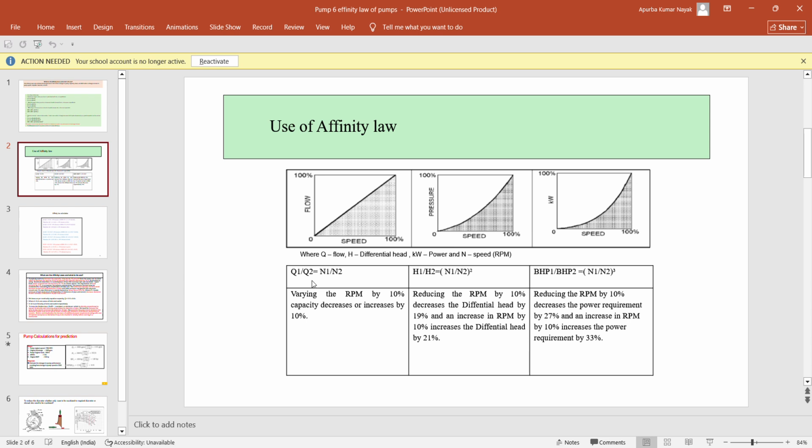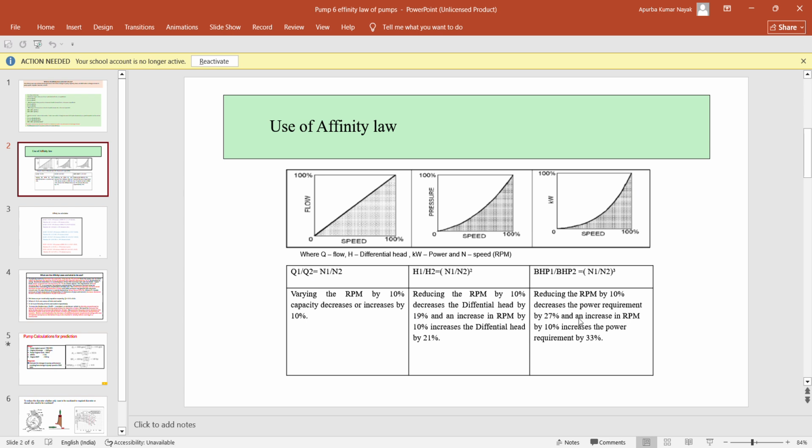So if you change the RPM by 10%, your flow will increase or decrease by 10%. But when you decrease the RPM by 10%, your head will decrease by 19%, and when you increase the RPM, your head will increase by 21%. You see it is not proportional and not the same. For decrease it will be slightly less than the increase.